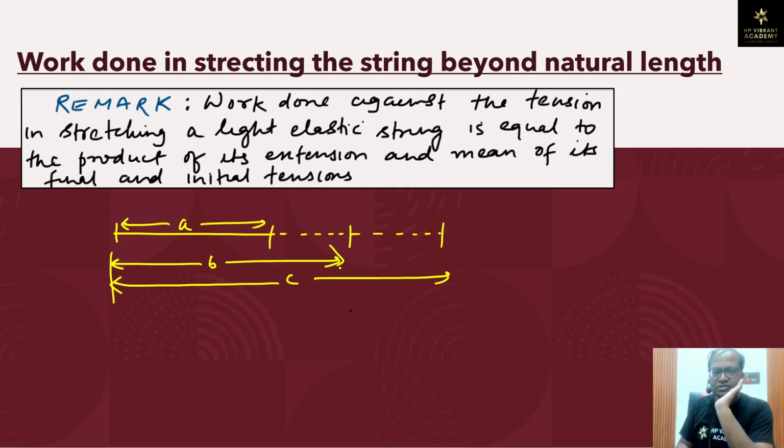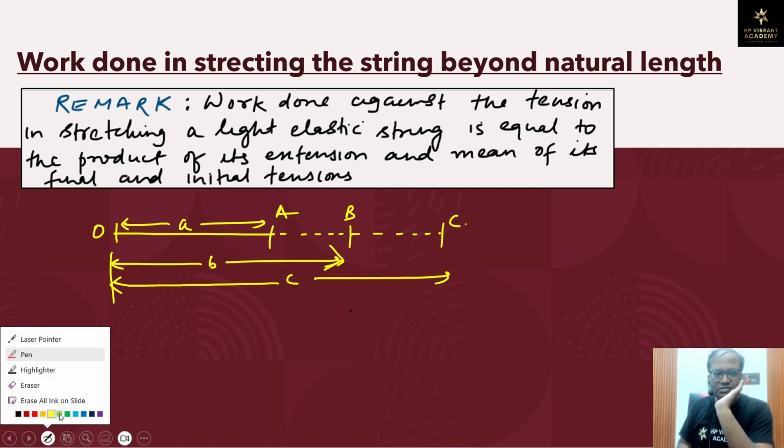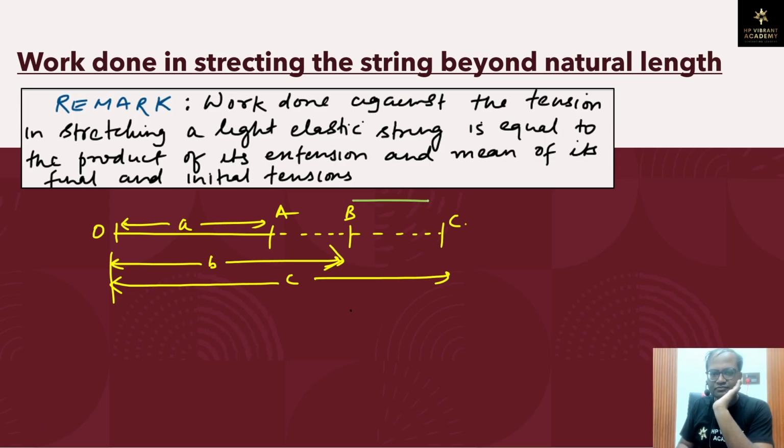So what is our extension? Let us name this: this is O, this is A, this is B and C. The extension here is BC, and the extension is C minus B. Initially the tension at point B is the initial tension Ti, and the tension at point C is the final tension Tf.